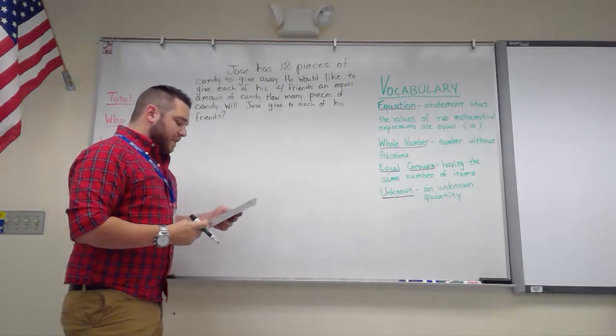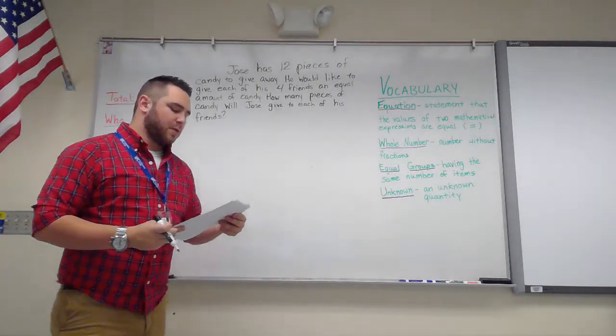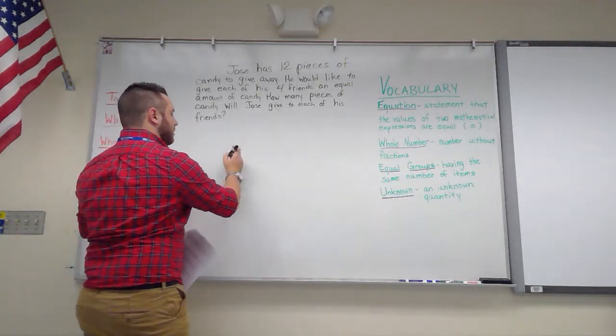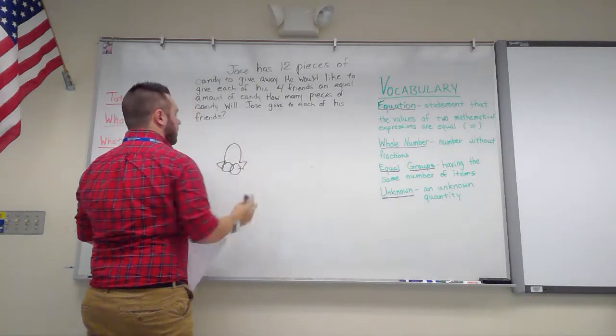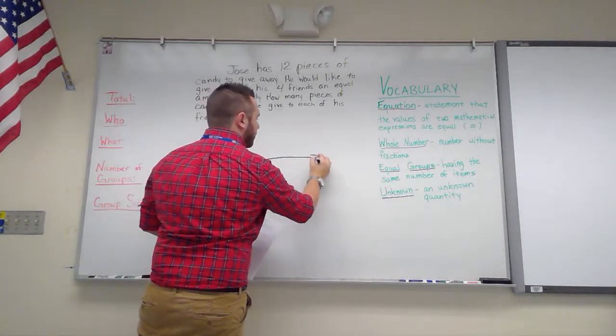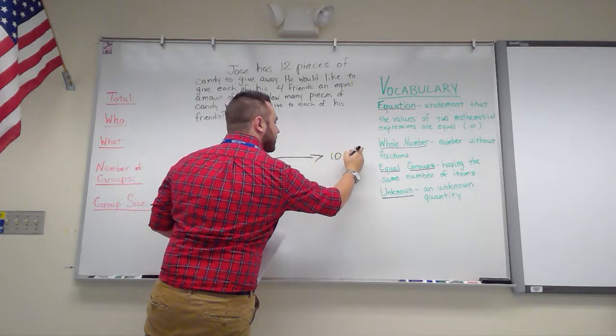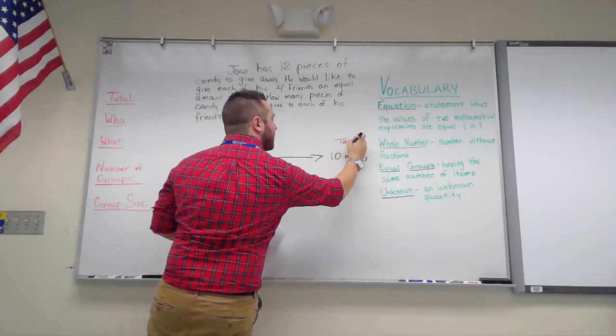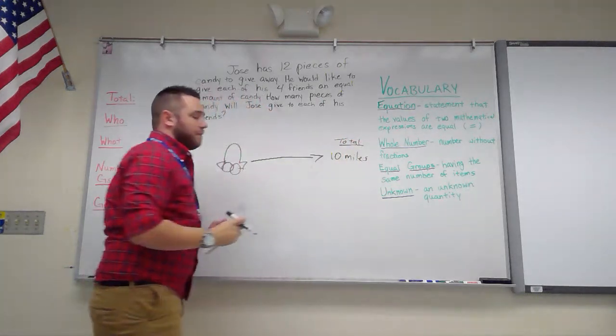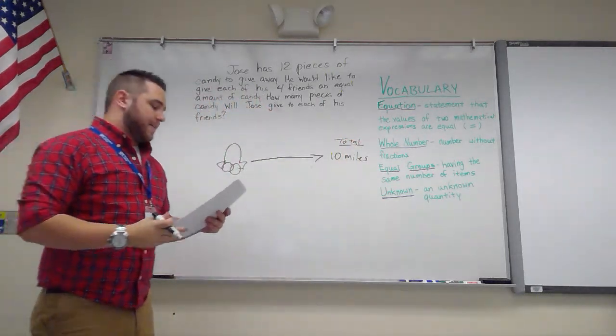It says Mr. Smith drives a total of 10 miles to work each week. So let's get Mr. Smith in his car here, and he's driving a total of 10 miles. This is just going to break it down as we go so that they can actually see.